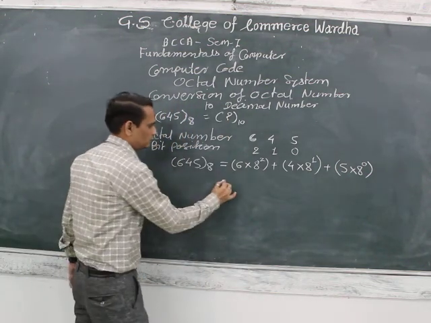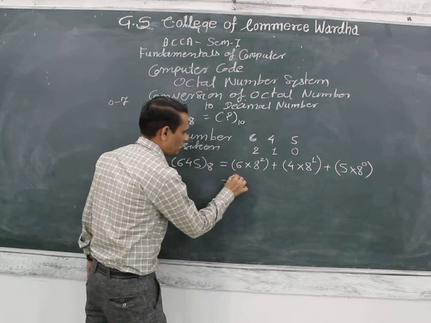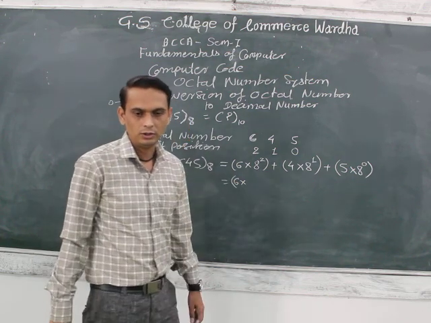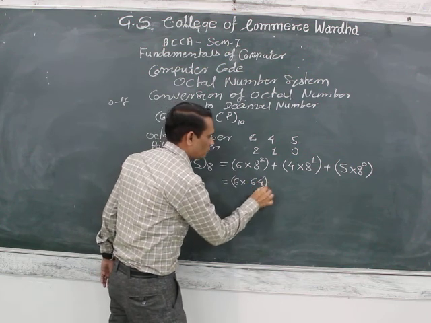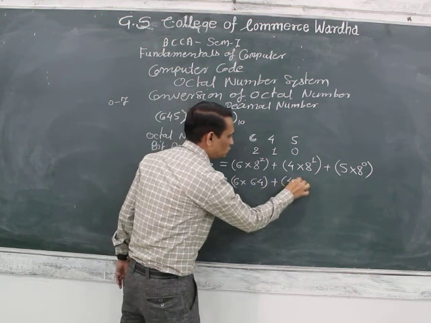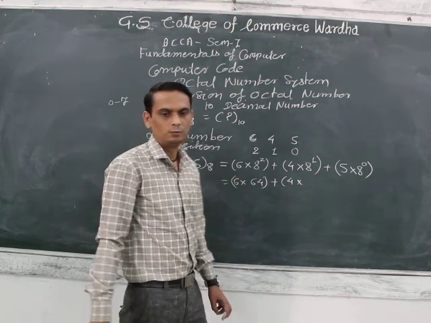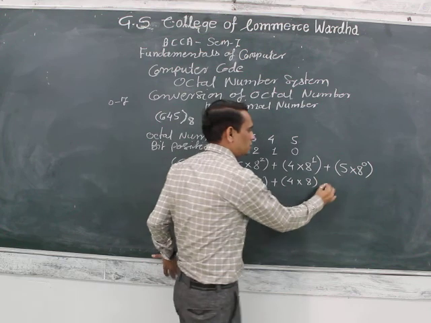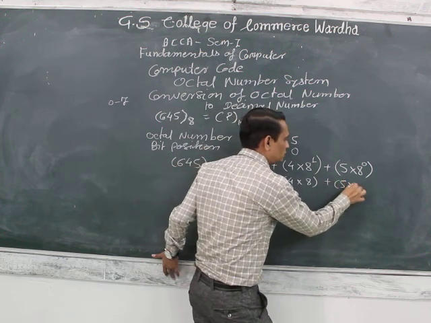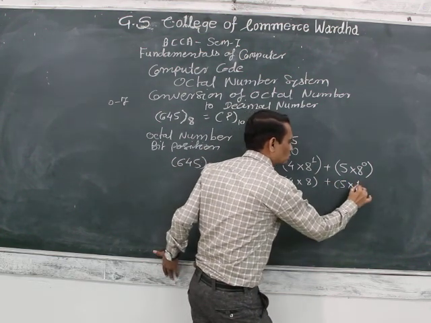It means 6 multiplied by 8 raised to power 2, that is 64, plus 4 into 8 raised to power 1, that is 8, plus 5 into 8 raised to power 0, that is 1.